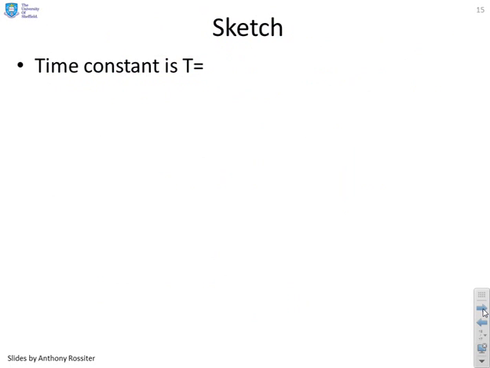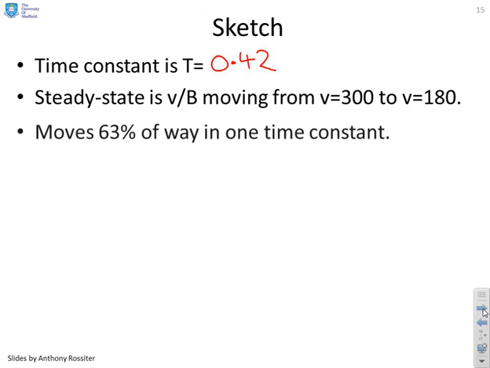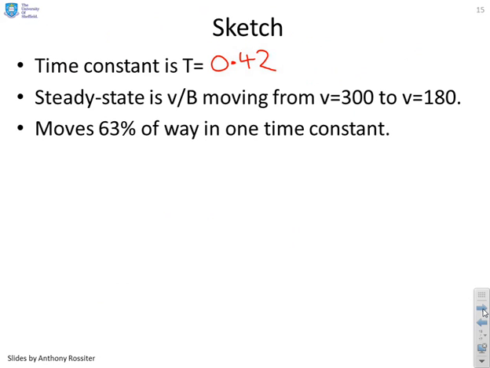So let's look at the sketch then. We've just said that the new time constant is roughly 0.42. The steady state is v over b, and v's gone from 300 to 180. If v was 300, then the steady state was 300 divided by 120, which is 2.5, and if v was 180, then the steady state was 180 over 120, which is 1.5.